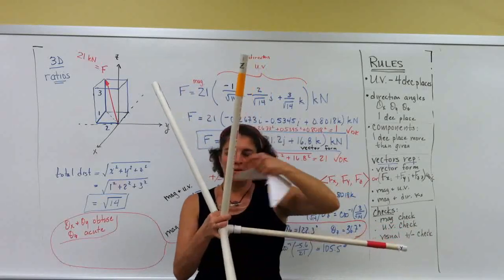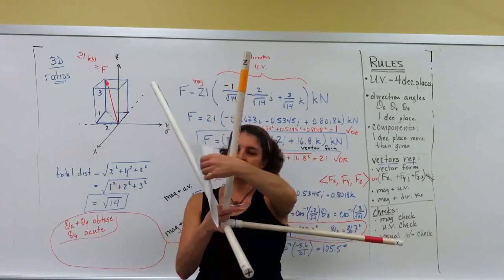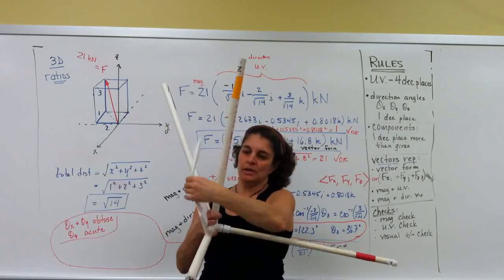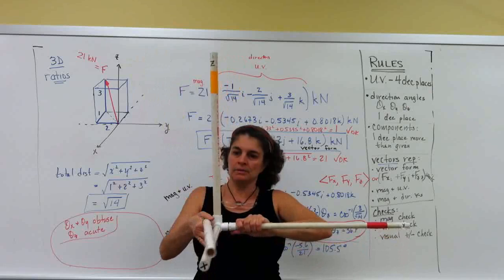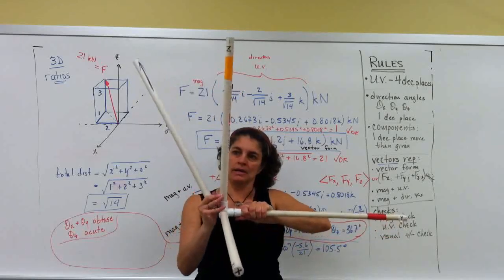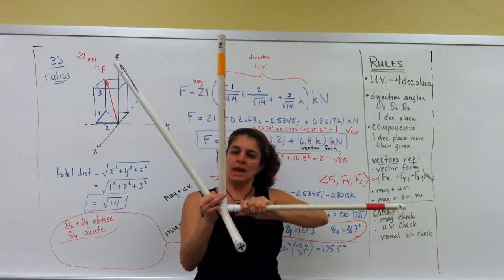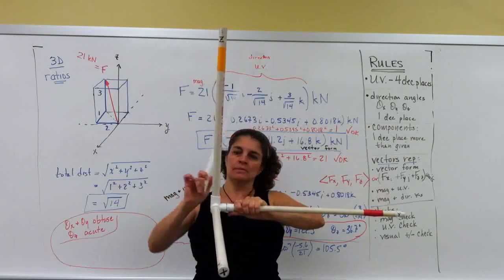The angle from the force to the x-axis is this guy in here. It's this whole angle here, which is an obtuse angle. It's this angle right here. And the angle to the y-axis is this angle.